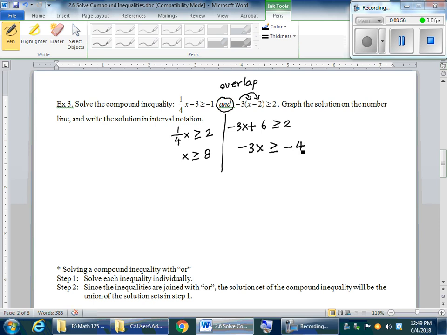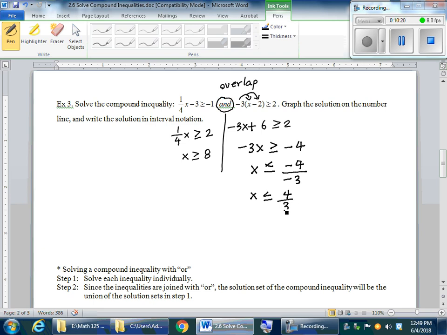Dividing both sides by -3, we switch the inequality around. So that will be -4 over -3, which is x is less than or equal to 4 over 3.